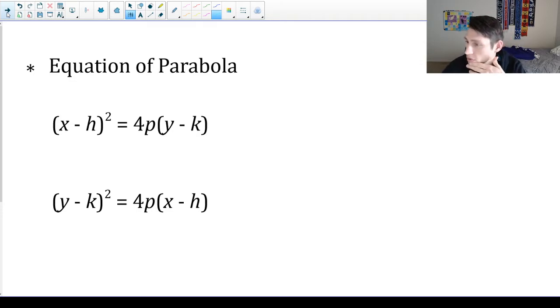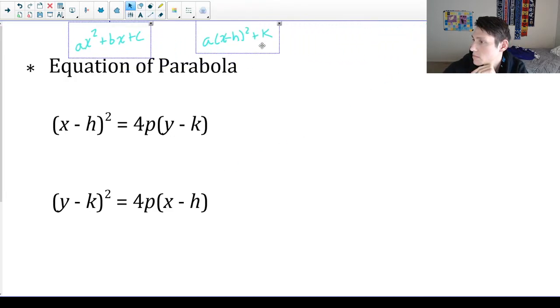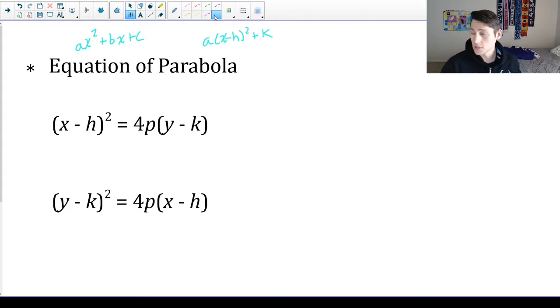The equations of parabolas look like this. We're used to quadratics looking in one of these two ways. That's what we're used to seeing, like from Algebra 1 or Algebra 2.